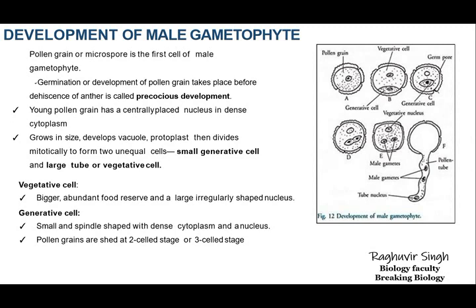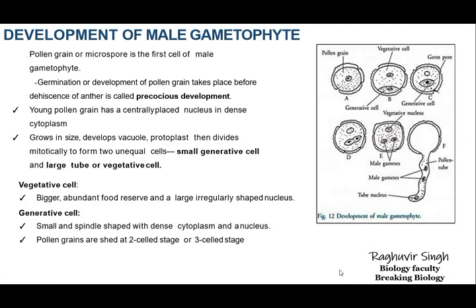Now inside the pollen tube the generative cell divides mitotically to form two male gametes. So this three-cell stage represents the mature male gametophyte, and this happens after the pollination. In this way the male gametes are formed. Then the tube nucleus enters the embryo sac and the male gamete fuses with the egg, resulting in fertilization. We will come to that later on.